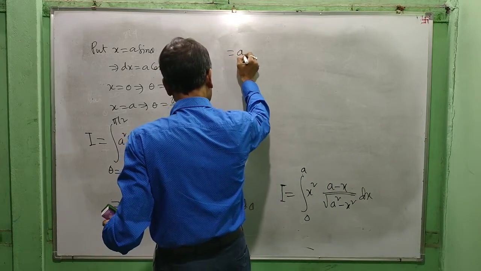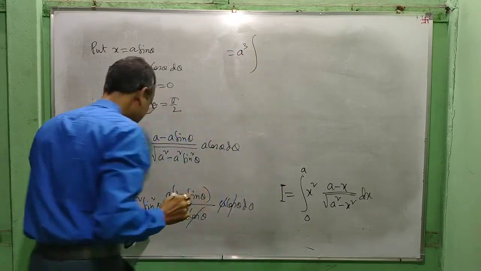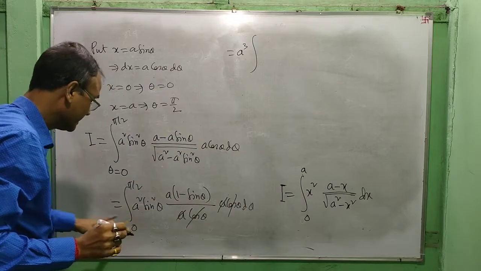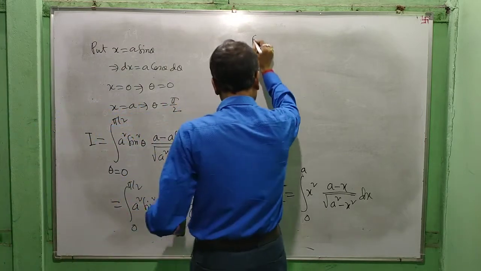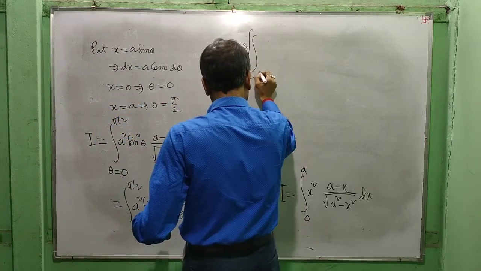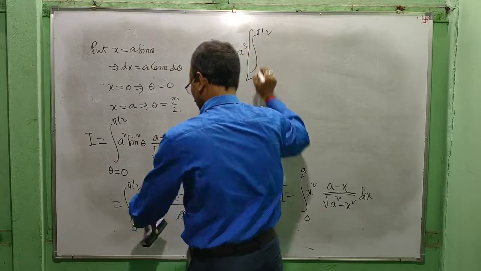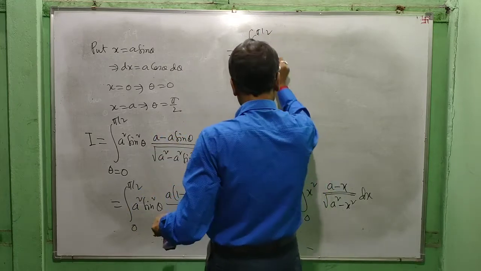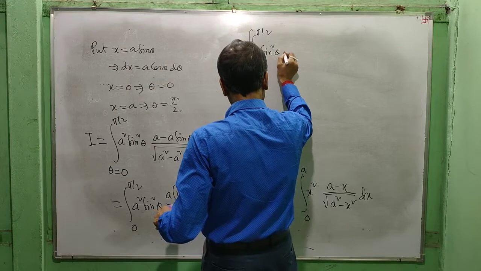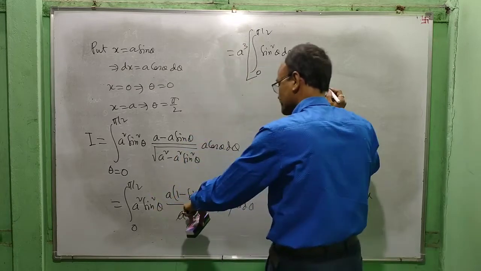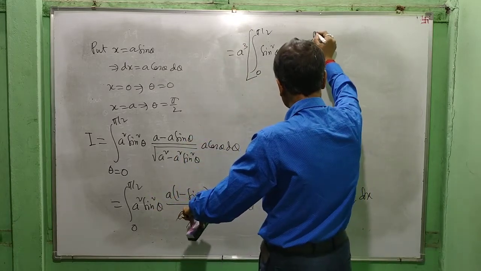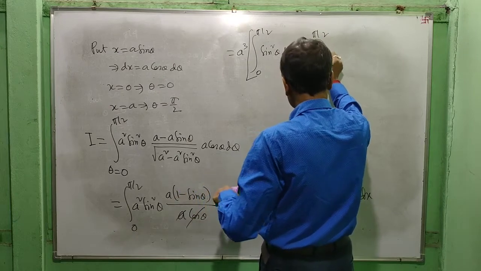This is equal to a square into a, that is a cube, integration 0 to pi by 2 of sin square theta into (1 minus sin theta) d theta, that is integration 0 to pi by 2 sin square theta d theta minus integration 0 to pi by 2 sin cube theta d theta.